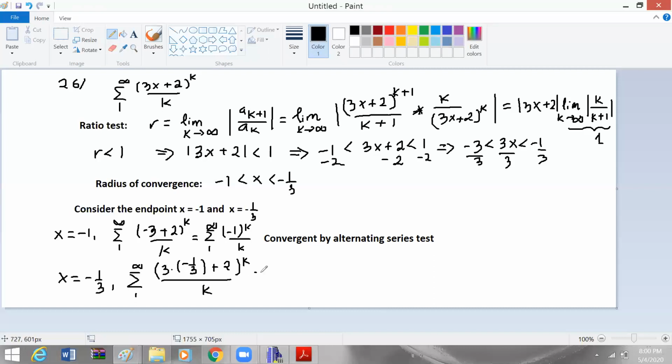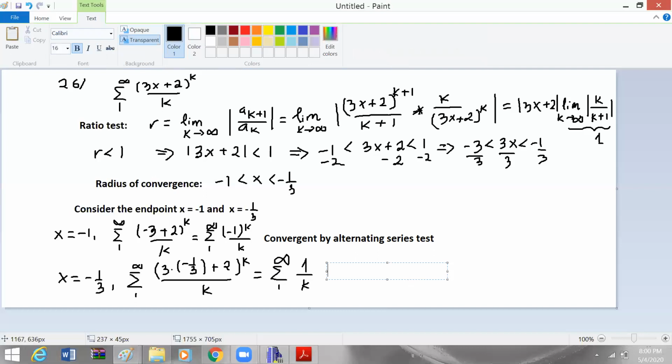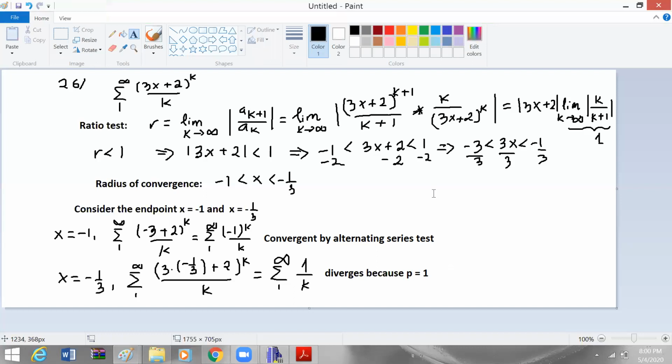So -1 plus 2, so that would be +1. So 1 to the k is 1 over k. So we know this diverges, right? So 1 over k diverges. Okay, diverges, because p equal to 1 for that part.